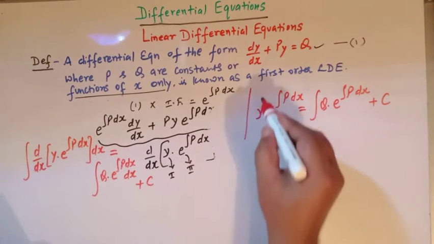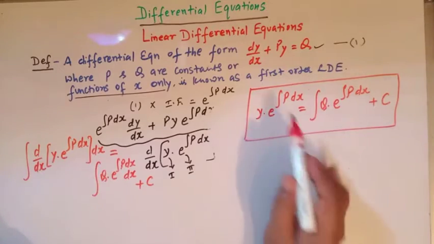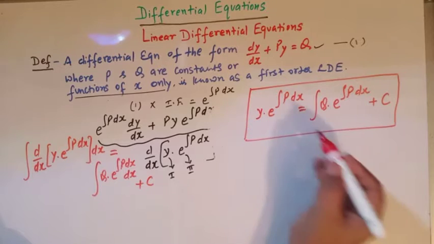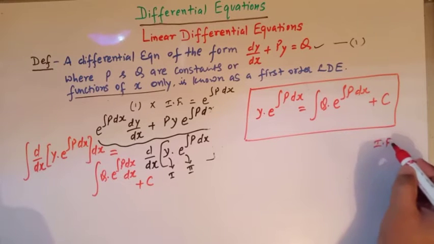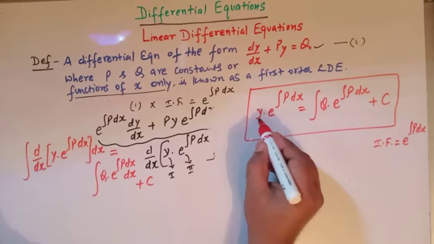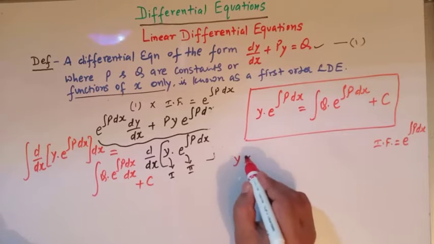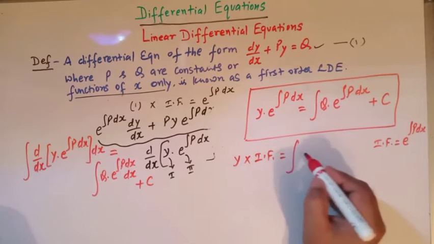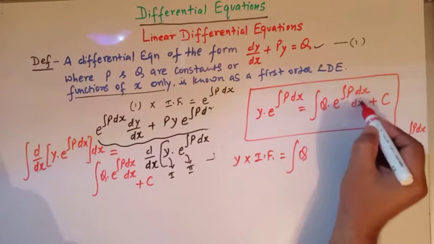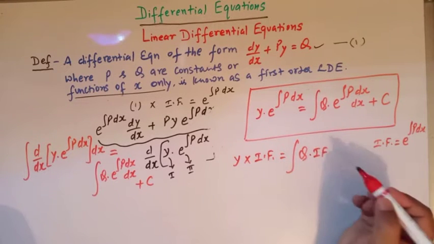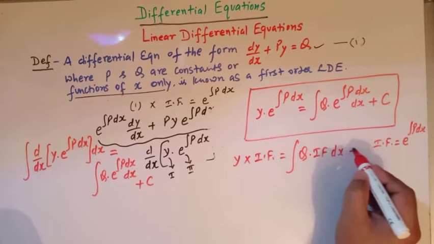So this is the solution of this linear differential equation. And if we denote e raised to integral of p with respect to x as IF, then this expression can be written as y times the integrating factor is equal to integral of q times integrating factor dx plus c.